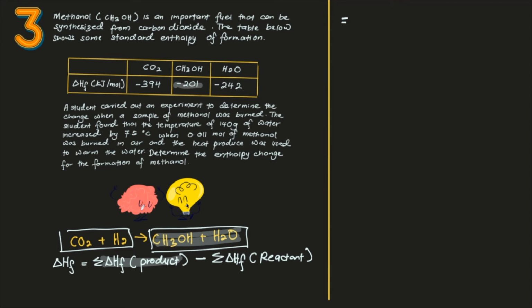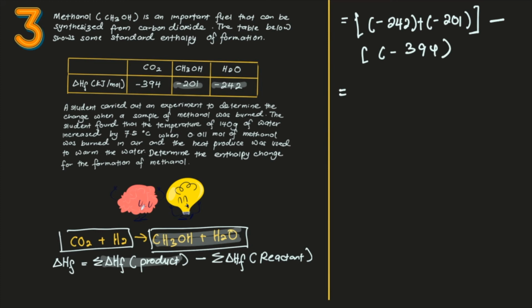So methanol is negative 201 and water is negative 242. So what we are going to do here is just negative 242 plus negative 201, right? So this is for the product side, minus the summation of whatever is in the reactant. Because hydrogen is an element, we are only left with carbon dioxide, so we only have negative 394.